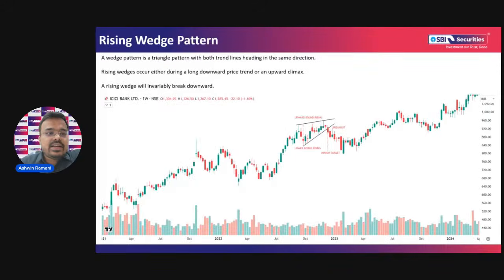So let us start. The first pattern for today is called a rising wedge pattern. A rising wedge is a form of a triangle pattern where both the trend lines are heading in the same direction, and rising wedges occur either during a long downward price trend or an upward climax.